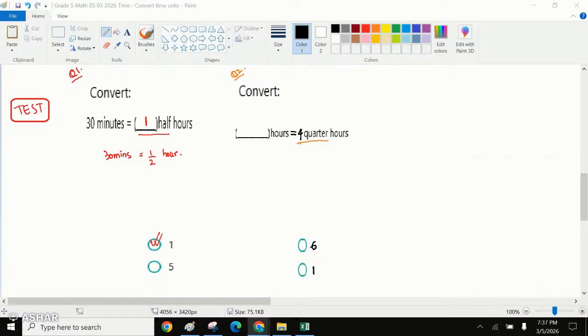Perfect. That means 4 quarters form 1 hour.